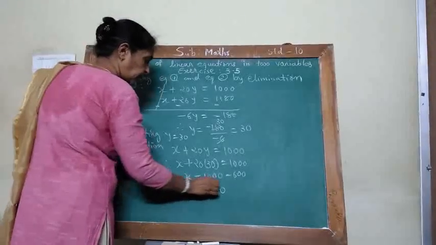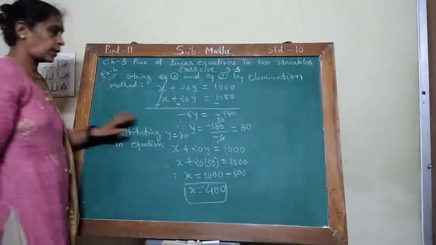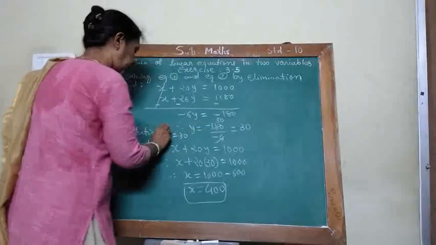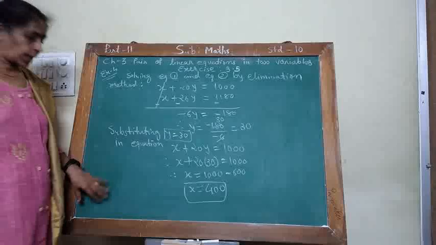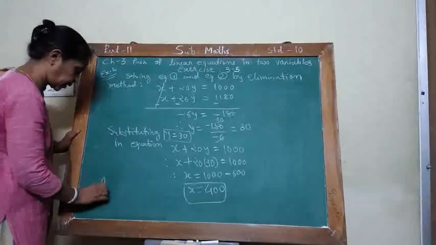So the value of x is 400, and the value of y is 30. Put it in a box. This way I obtain the solution.